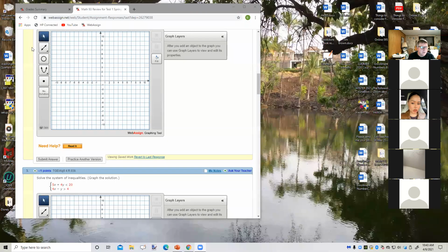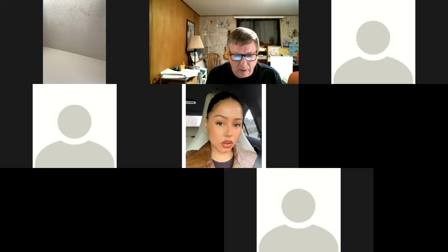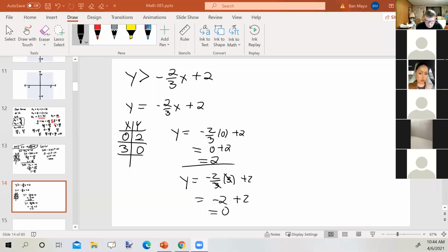So now let's go back and let's plot those 2 points. So again, we turn this blue. We've got 0, 2, and 3, 0. Okay. Now let's go back and take a look. And we see that our original inequality didn't include an equal sign.